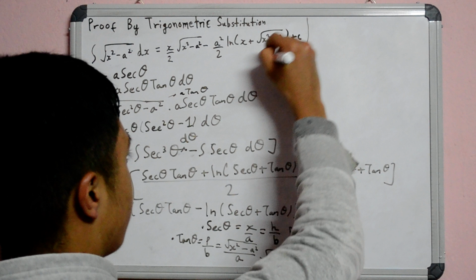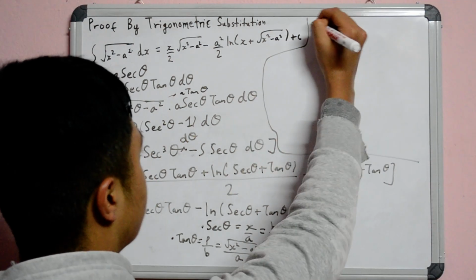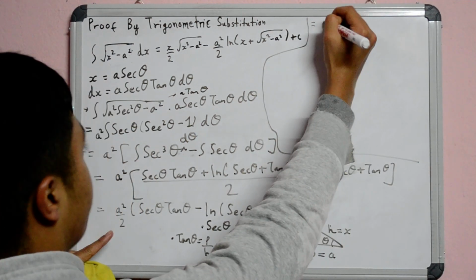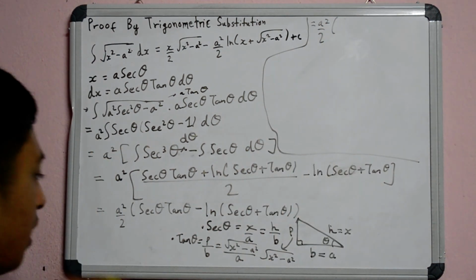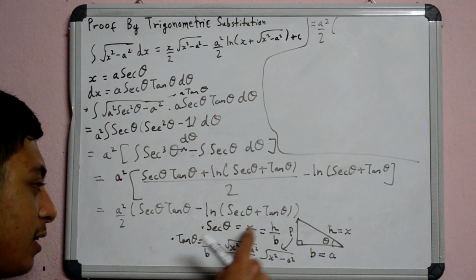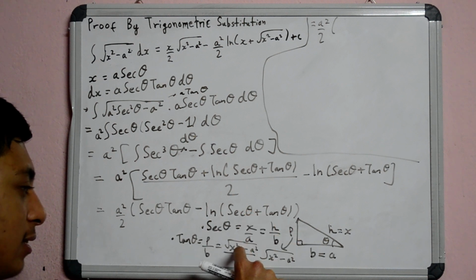Now let's just put it right here, equals a square by 2 sec theta tan theta. Let's do it directly. Sec theta is x by a, into this thing.